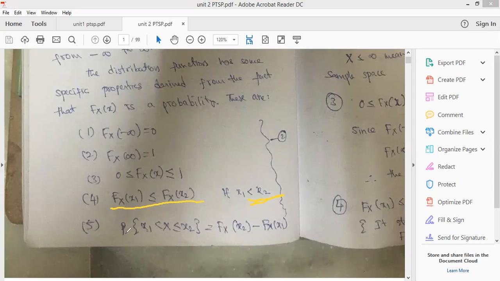The fifth property is that the probability of x1 less than X less than or equal to x2 will be equal to F_X(x2) minus F_X(x1). These are the five properties of distribution function.